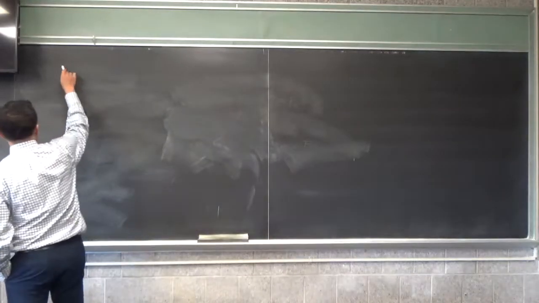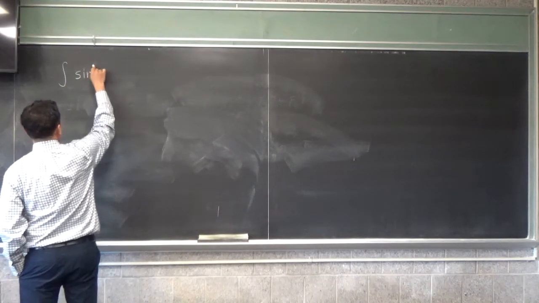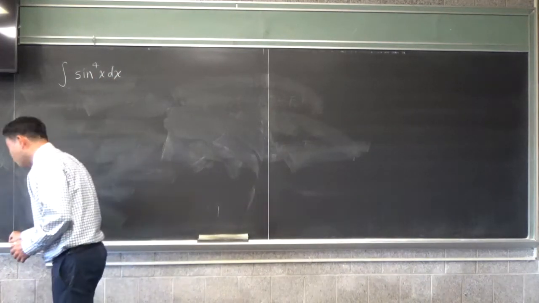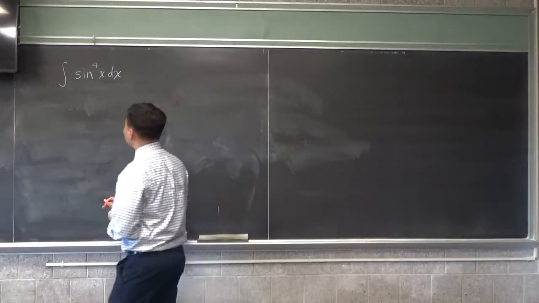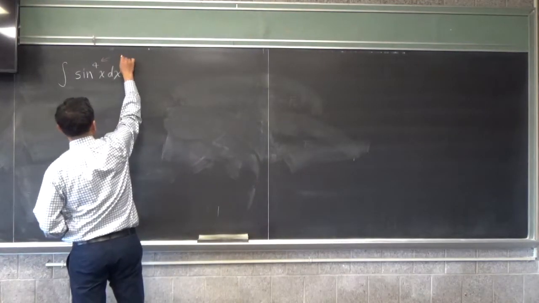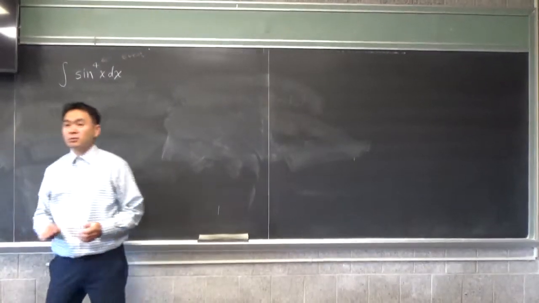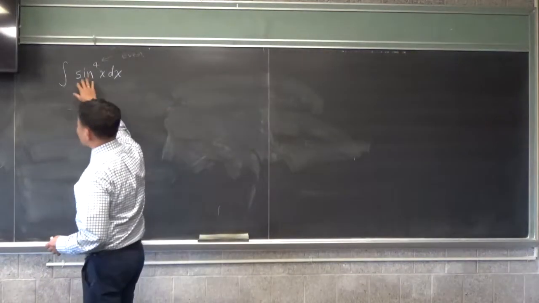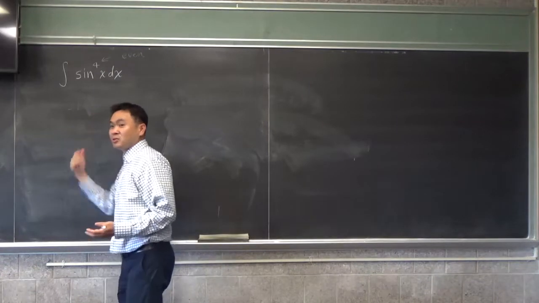Talk about how to integrate when you have an even power. Last time I showed you how to do it for odd power, but if this is even, then if you take out one of the sine functions, you end up with an odd power, and the odd powers cannot be converted into cosines.